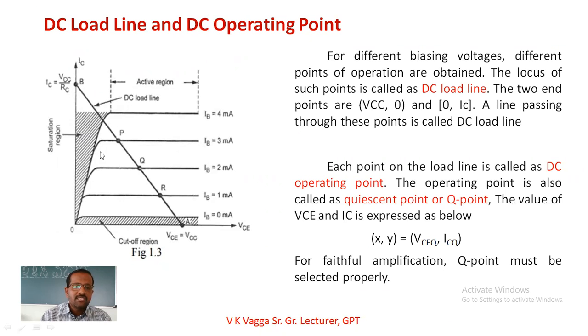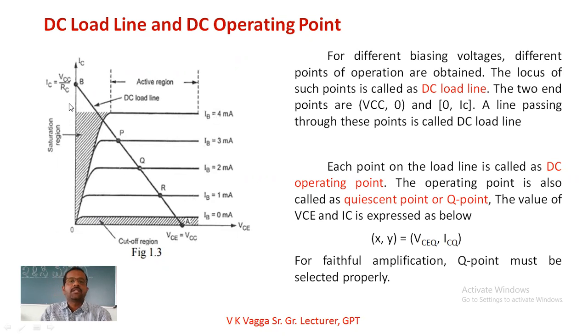The region in between the cutoff and the saturation is called the active region, in which the variation of IB varies the IC current. This is the characteristics.